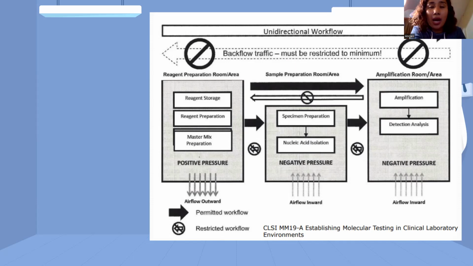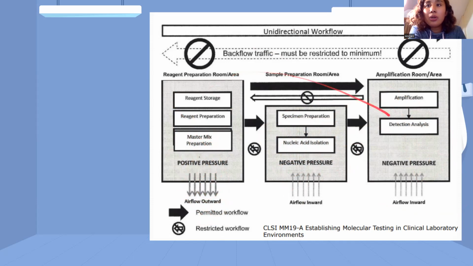Hindi tatakas talaga yung hangin. So, hindi tatakas itong mga aerosol from bacteria, virus, yan, specimen prep. Dito rin, hindi rin tatakas yung mga amplicons, yung mga products of amplification. Dito sa reagent storage and master mix prep, positive pressure, okay lang umikot kasi nga, it's a clean area.